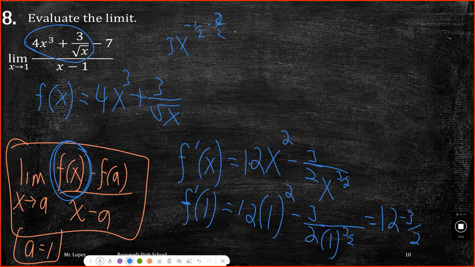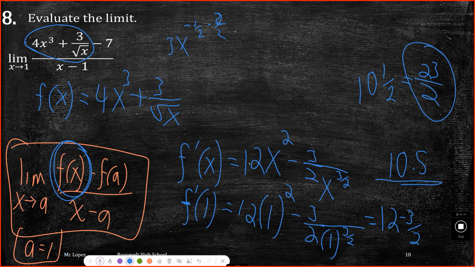What's 12 minus 1 and a half? 12 minus 1.5 is 10.5, and sometimes they leave it as improper, so 23 over 2? And that's how they probably have it on the AP. They don't like decimals. They leave it as a fraction.